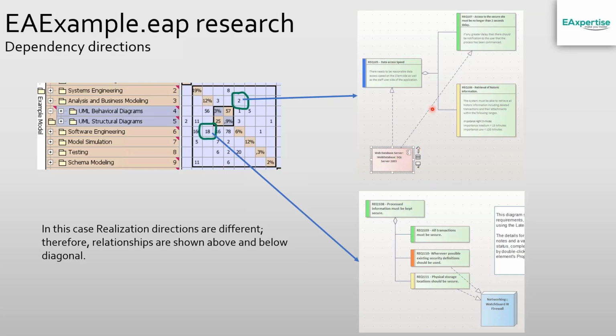But in this particular diagram, you find that there's an element pointing to the requirements. That's the opposite direction. So this too might be a modeling mistake, and maybe there are more of these kinds of inconsistencies.